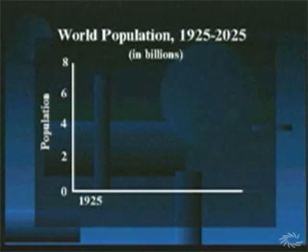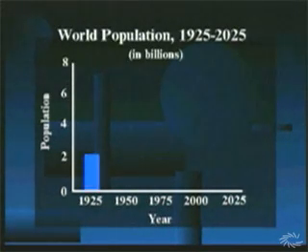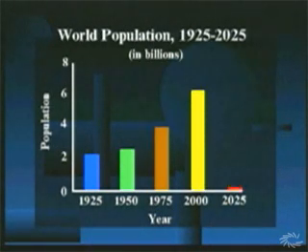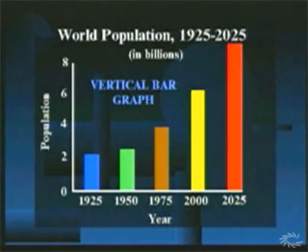The data on the horizontal axis gives the basis of the comparison, the years in which the population numbers have been tabulated or projected. Because the data are shown on vertical bars, those that are drawn up and down, this kind of graph is called, quite logically, a vertical bar graph.